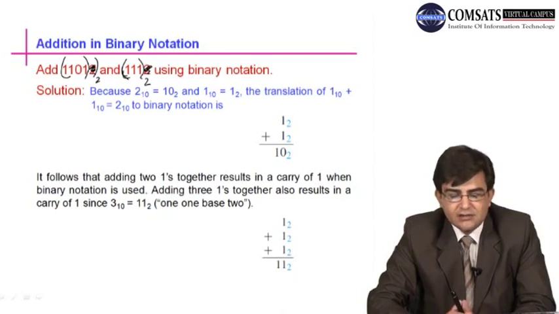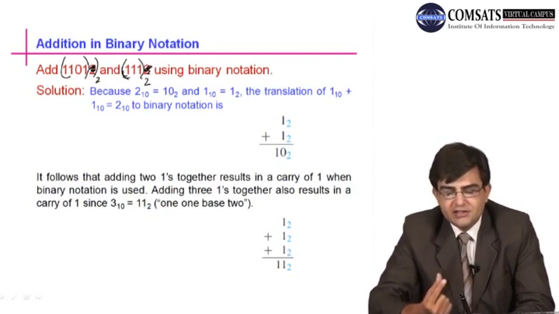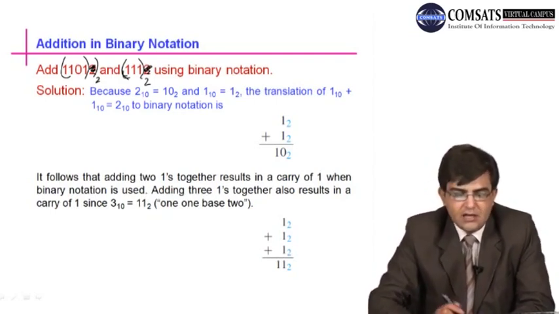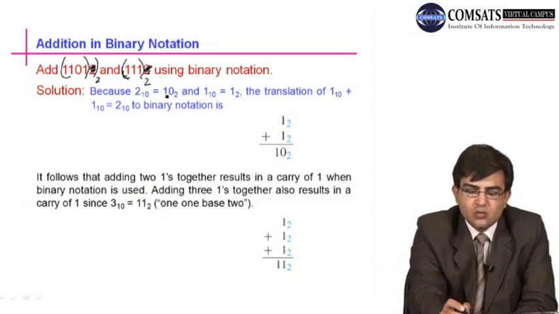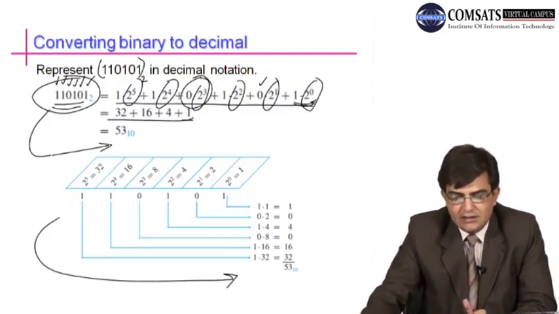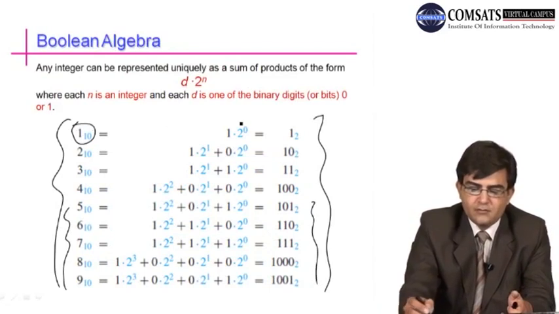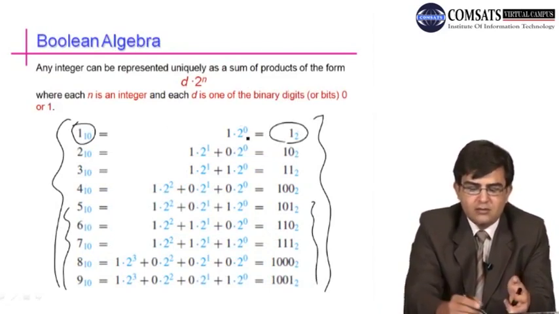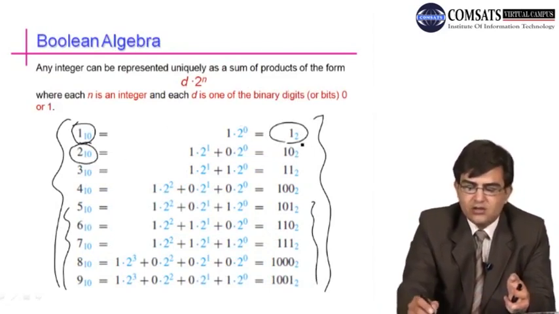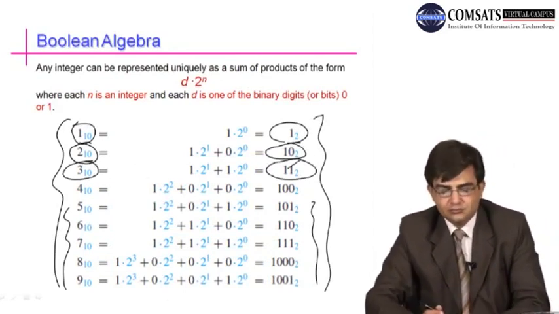We have to add these numbers, but first we see how to add only 2 digits in binary notations, because 2 base 10 is equal to 10 and 1 base 10 is 1. As we have discussed, 1 base 10 is 1, 2 base 10 is 10, 3 base 10 is 11 base 2.